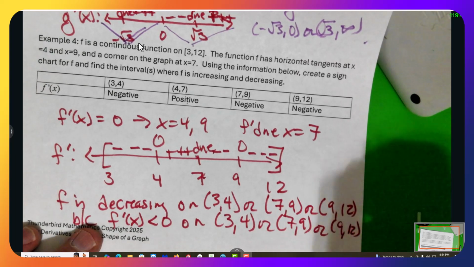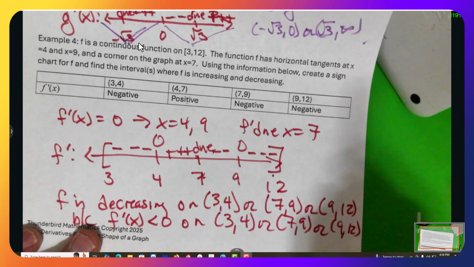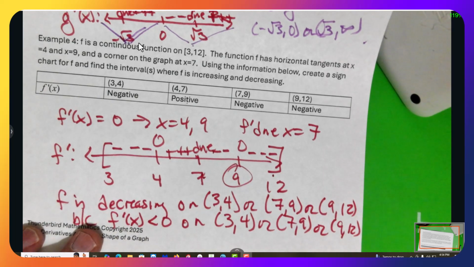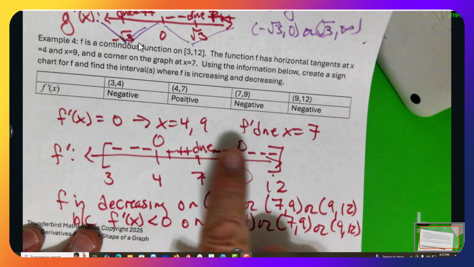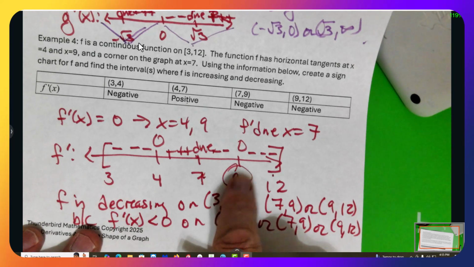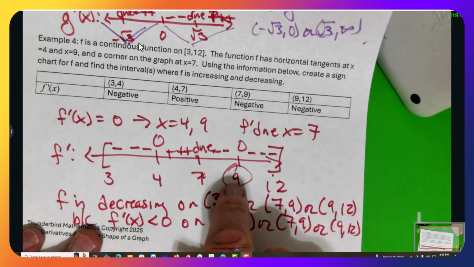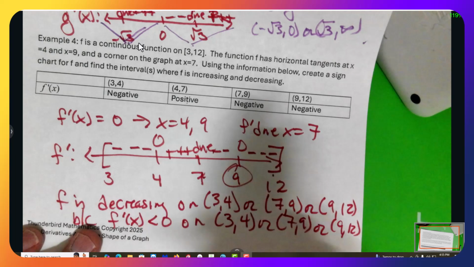But I do want to make this point. On this whole open interval from 7 to 12, the function is decreasing. But at 9, the way you'd have to do it is you'd have to use the definition of decreasing. So you'd have to write like a little essay. You'd use the fact that, since the function's decreasing here, all these y values are bigger than f of 9. Therefore, on this interval, since it's decreasing, this y value is bigger than all these y values, and then that satisfies the definition of decreasing.